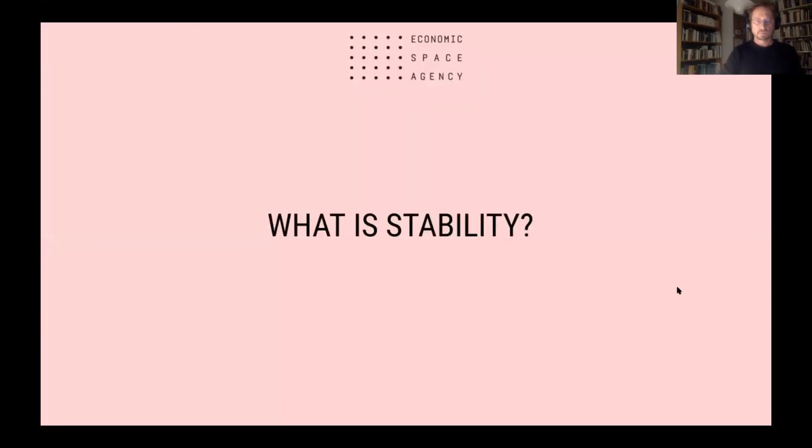What is stability? Yeah, I was a little bit surprised that nobody even mentioned it or tried to figure out or thought about it: stability in respect to what? What does it mean? What is the appropriate benchmark for stability? Whose stability?